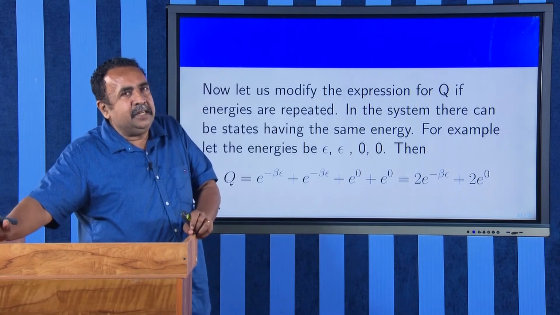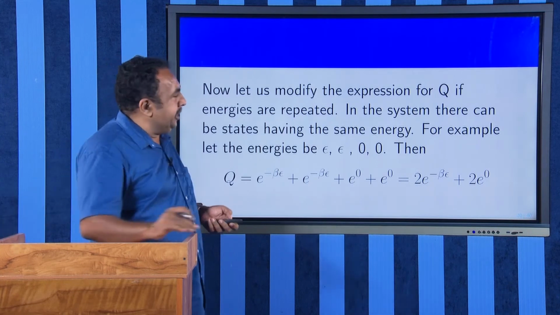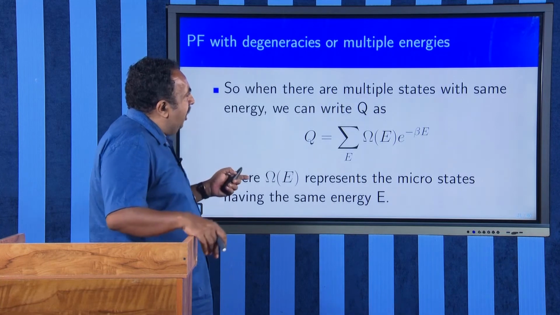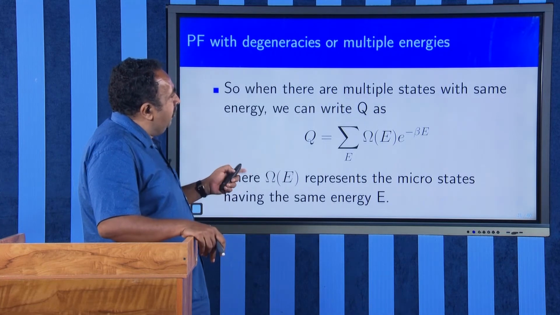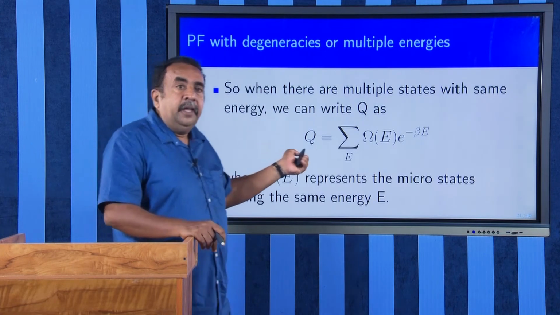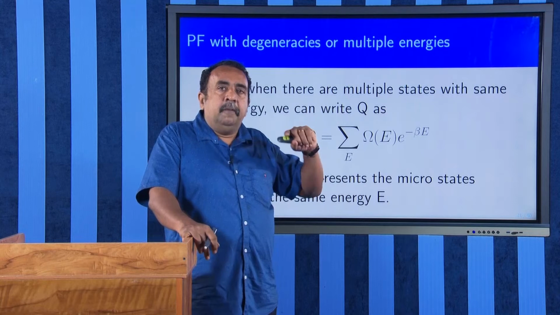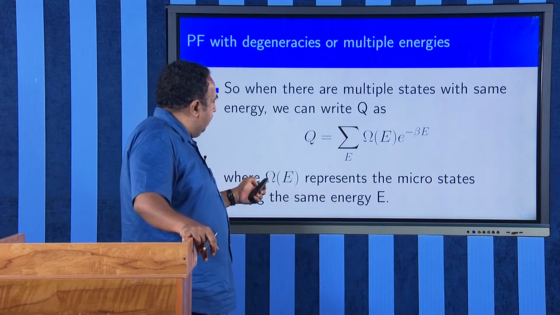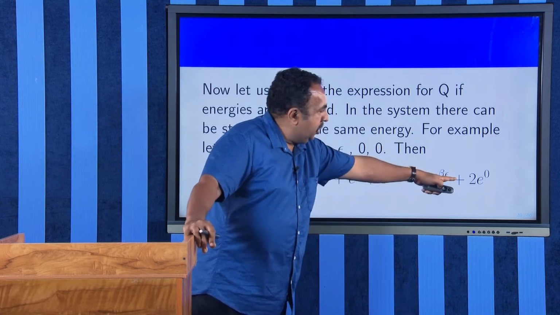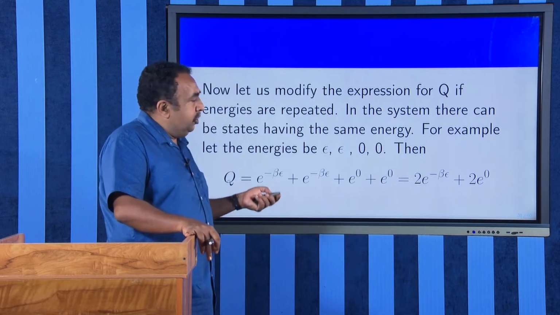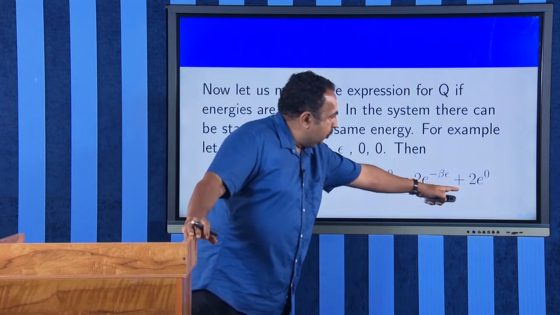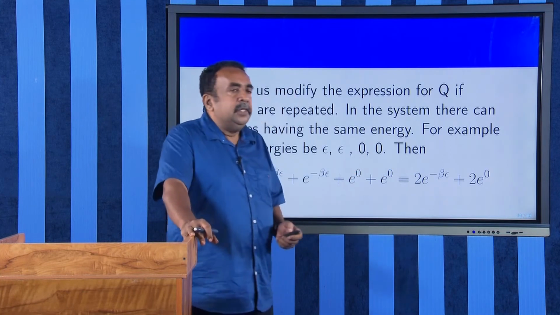Therefore, you can see that multiple energies are possible for any state, and if you have this multiplicity, what you will be doing is rewriting your expression for sum over i e raised to minus beta Ei. In the earlier case you have this 2 here. Here 2 represents 2 energies of epsilon, here 2 represents 2 energies having the value 0.